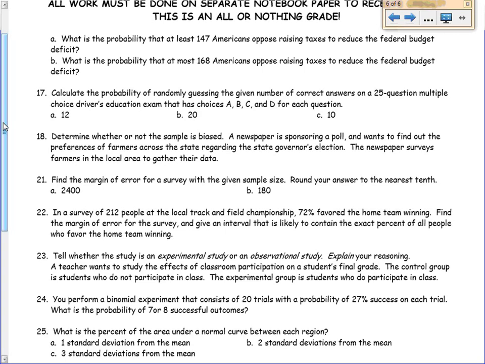Where did I get the 12 from? From how many you're going to get right. So this is the number of right questions, which is 12. The number of wrong questions, there's going to be 13 of them.